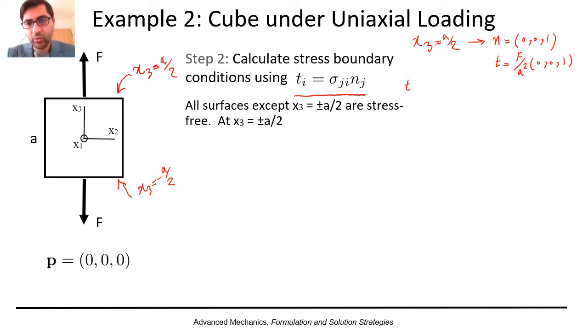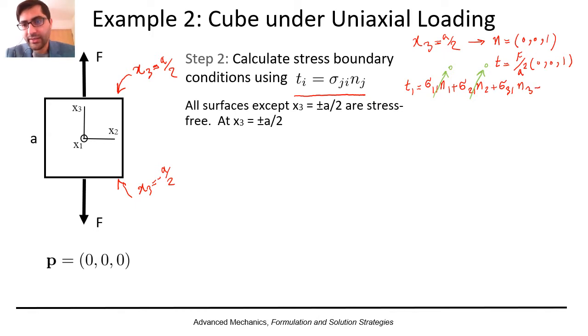We know that T1 is equal to sigma 1,1 n1 plus sigma 2,1 n2 plus sigma 3,1 n3. So n1 is already 0, n2 is 0, so basically it is equal to sigma 3,1 n3.